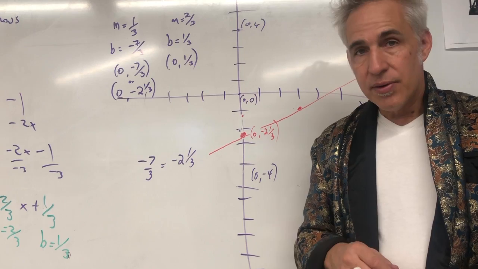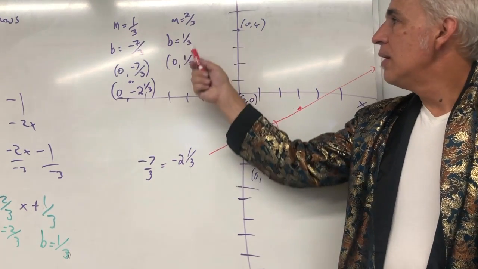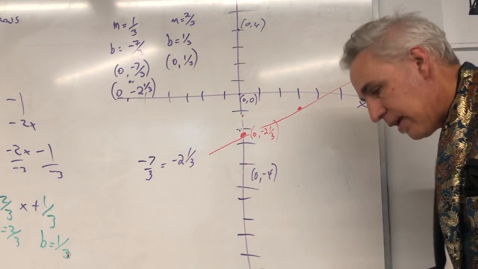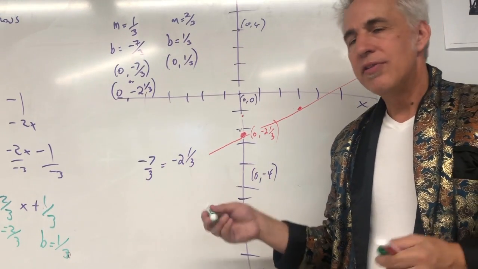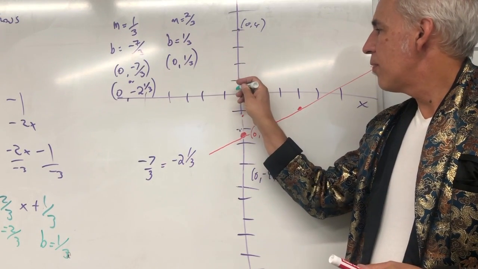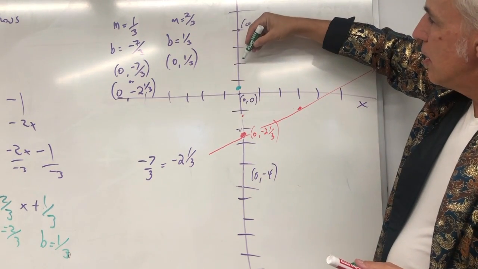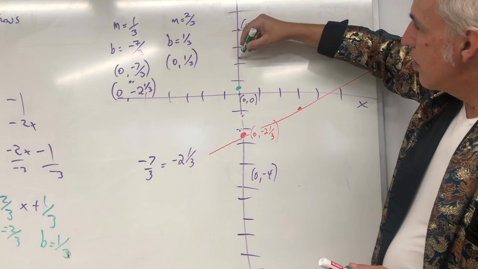So now we go to the other equation, which gave us slope of 2/3, and 1/3 is our y-intercept. So with a different color, we're going to put the y-intercept down at 0, 1/3, and then we're going to move 2 up, right? 1 up there would be there, and another would be there.